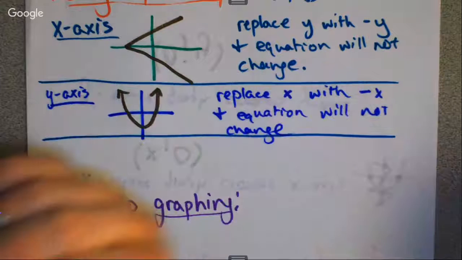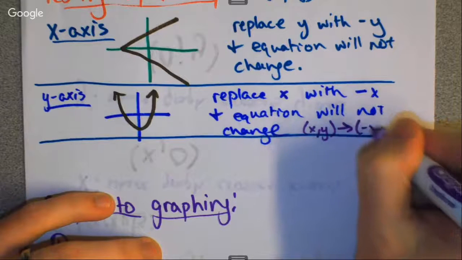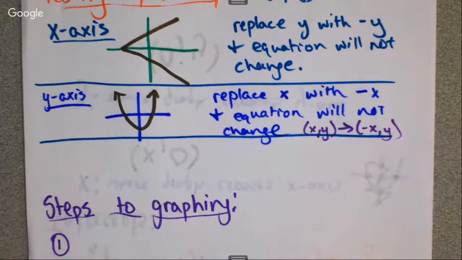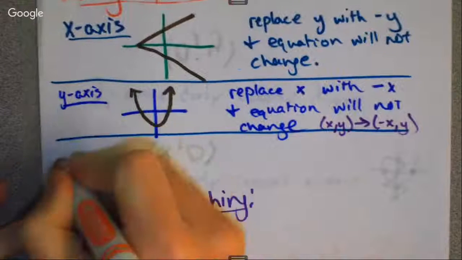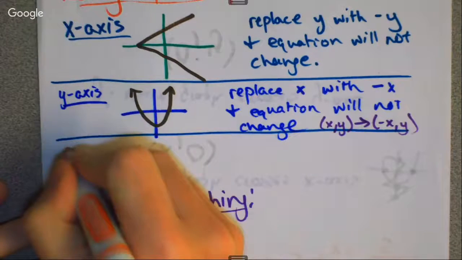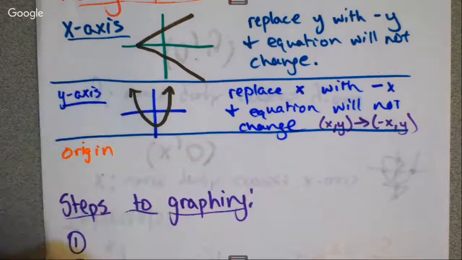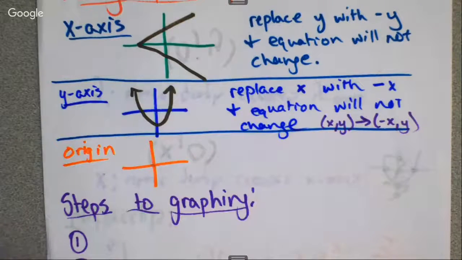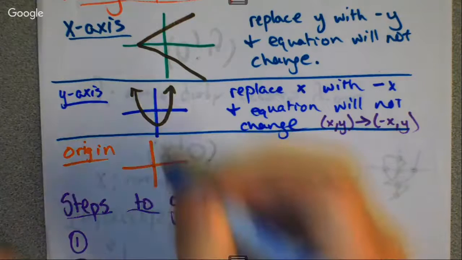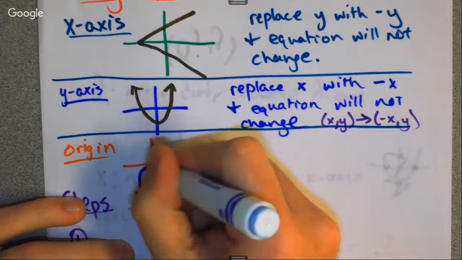Again, we could have a formula, (x, y) to (negative x, y), from geometry. And then the last one is symmetry about the origin. So if we have a graph here, it could be something like that.